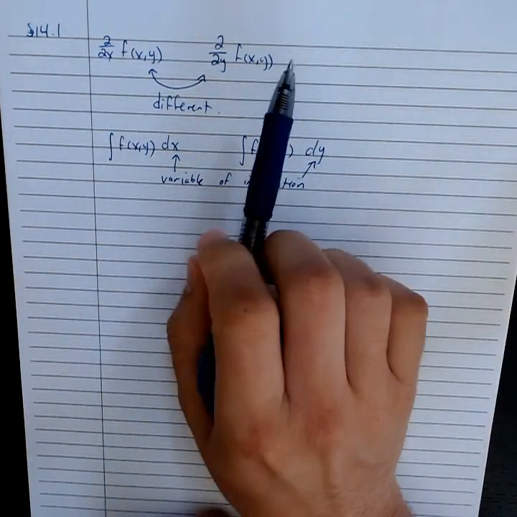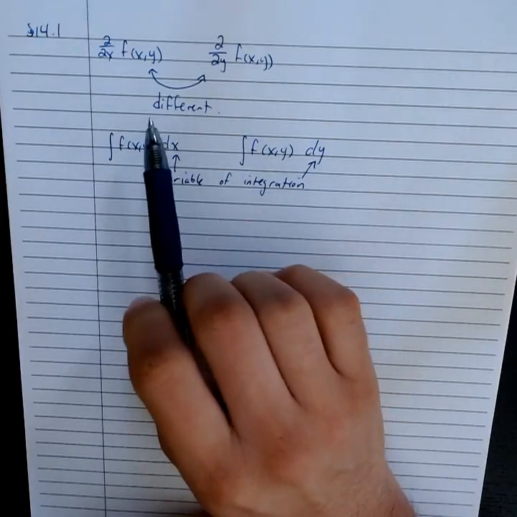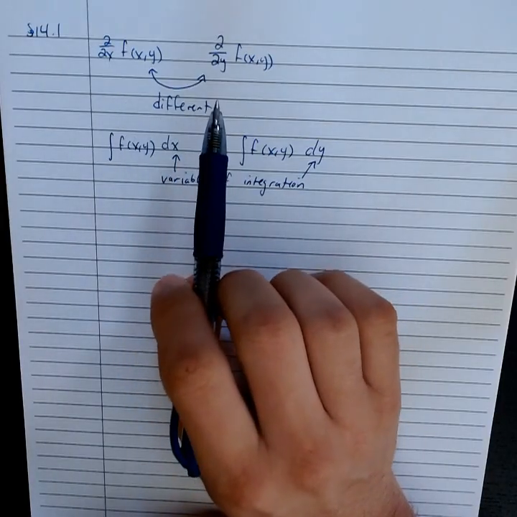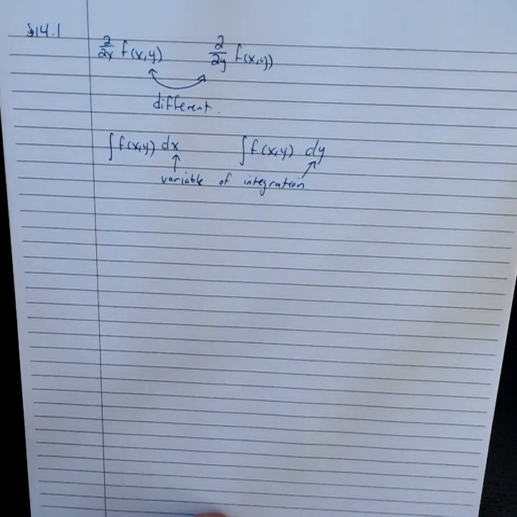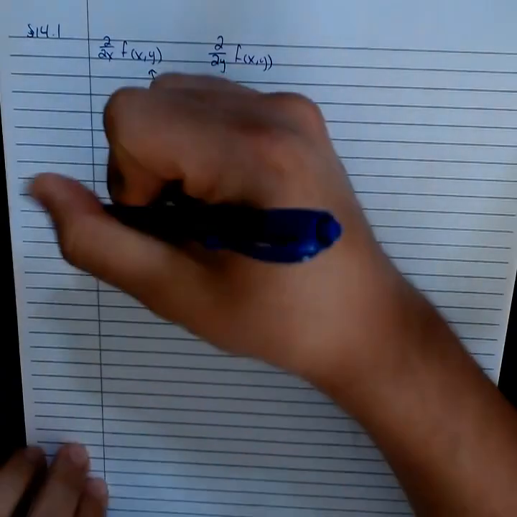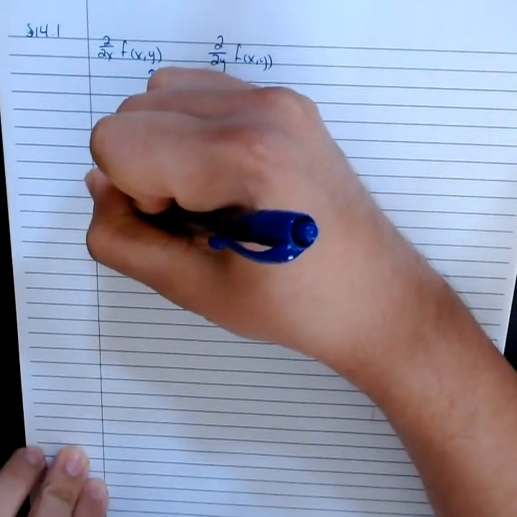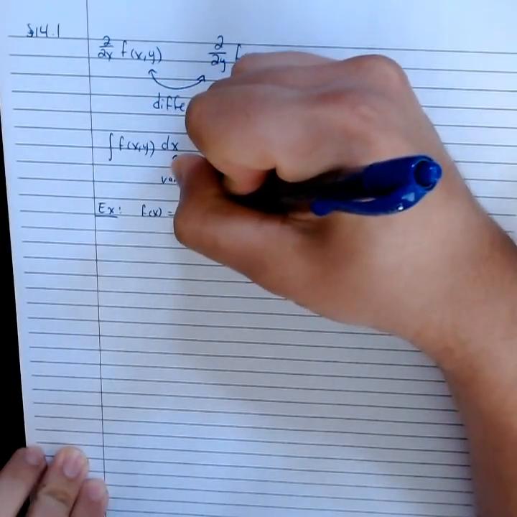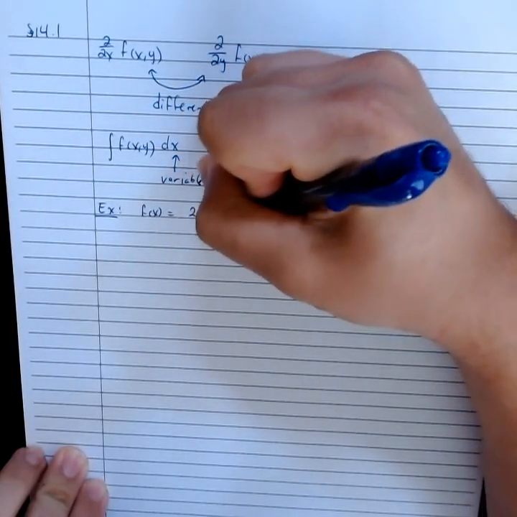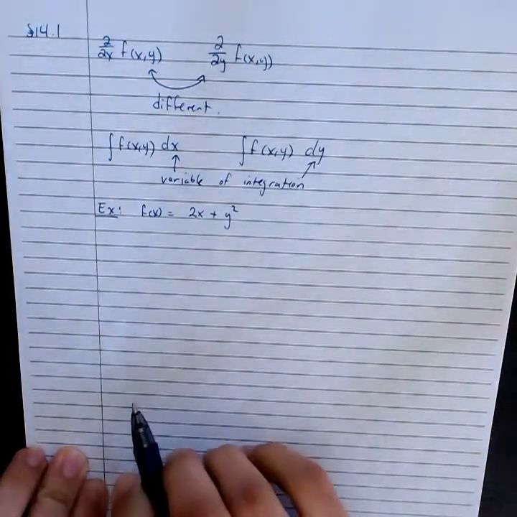Just like with a partial derivative, a convenient way to do this is to assume one variable is still variable. All other variables are going to be considered constants for the duration of that problem. So take, for example, the following function. Let's say f of x, y equals 2x plus y squared.